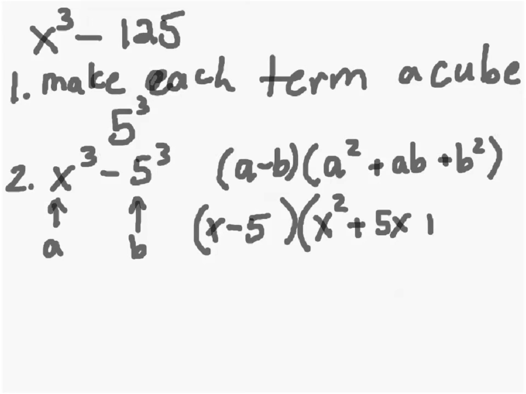And then our last term is b squared, which is 5 squared, so it'll be plus 25. So that's as far as you can factor this out. So you have open x minus 5 close, open x squared plus 5x plus 25.